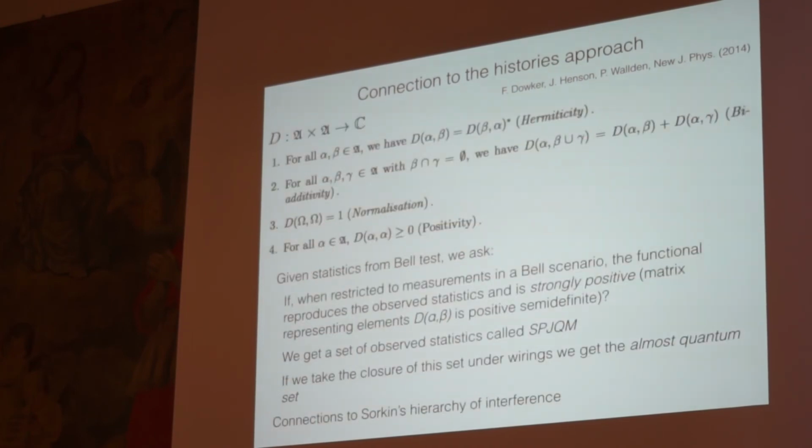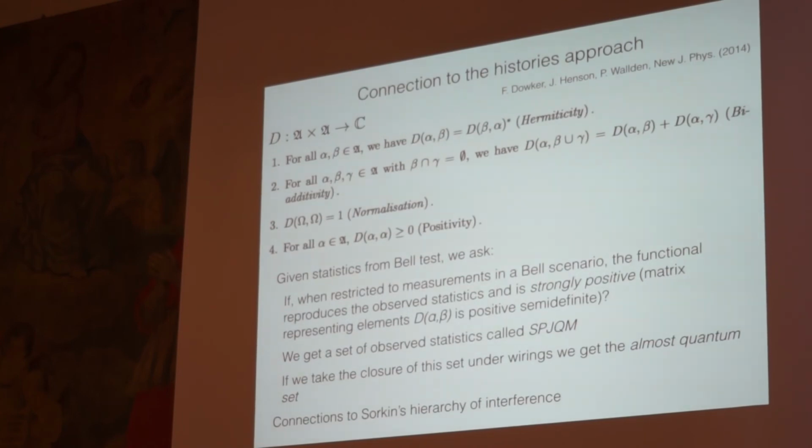Okay, and so taking this definition of this measure, if we just restrict ourselves to a Bell test, so given just the statistics from a Bell test, if, when restricted to measurements in a Bell scenario that then define some algebra for us, the decoherence functional reproduces the observed statistics and satisfies some property called strong positivity, then we get a set of observed statistics called SJQM.